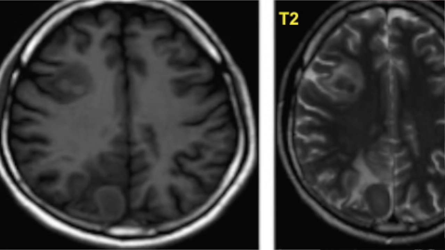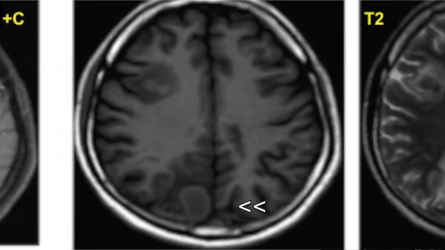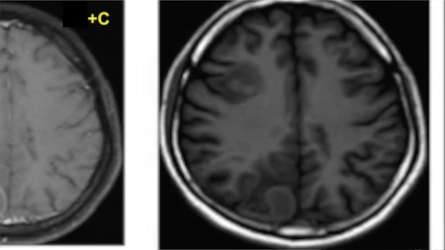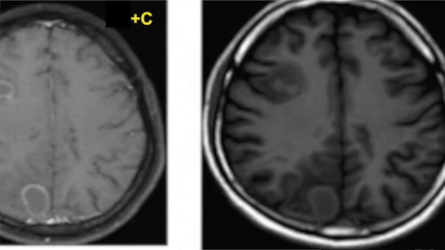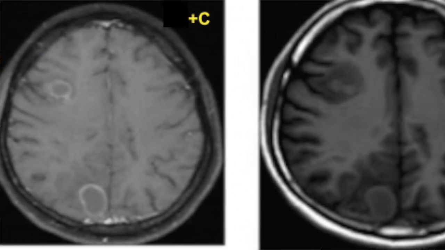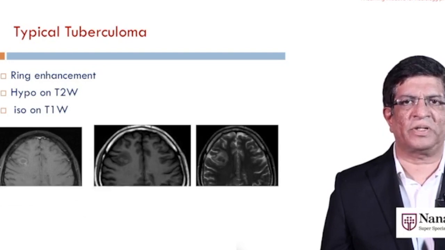On T1, it is isointense to grey matter. Sometimes it is slightly hyperintense at the periphery. If you give contrast to these patients, the lesions will show thick ring enhancement. Remember this because we need to differentiate this from cysticercosis.